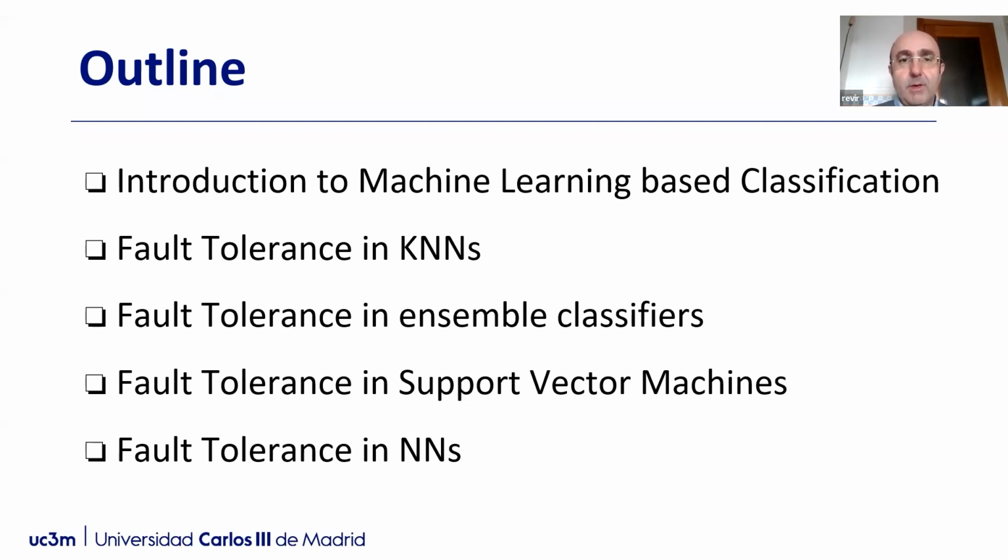First, I will give a very brief introduction to machine learning based classification, which is the algorithms for which we're going to do fault tolerance, and then look at very simple examples of some classifiers and how we can use the features of the classifier algorithms themselves to provide fault tolerance, or to at least reduce the cost of detecting and correcting faults.